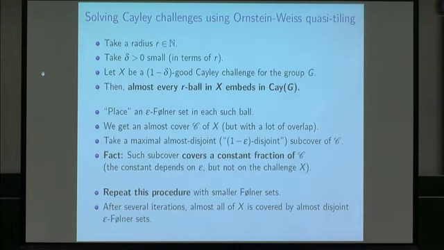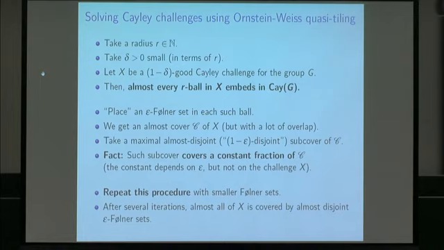OK, so here I will be giving you the recipe for solving Cayley challenges. There will be something small missing, and we'll address it in the next slide. So X is a Cayley challenge, a graph which I created as I showed you before. I took the Cayley graph, and I took a Følner set out of it.